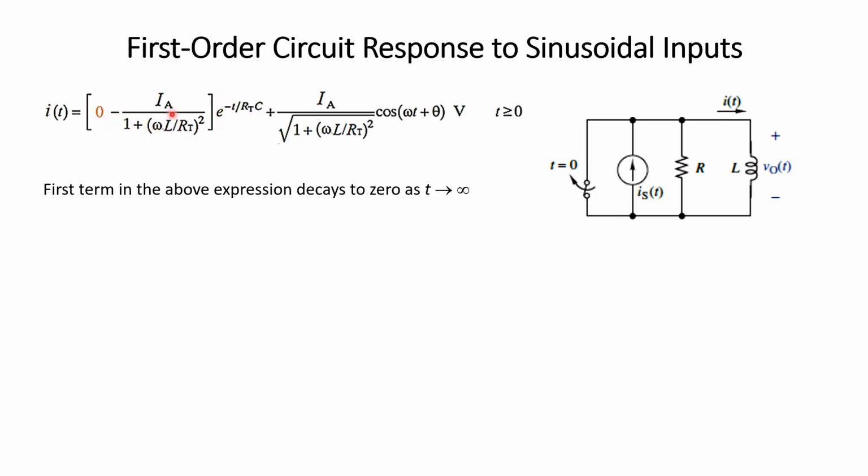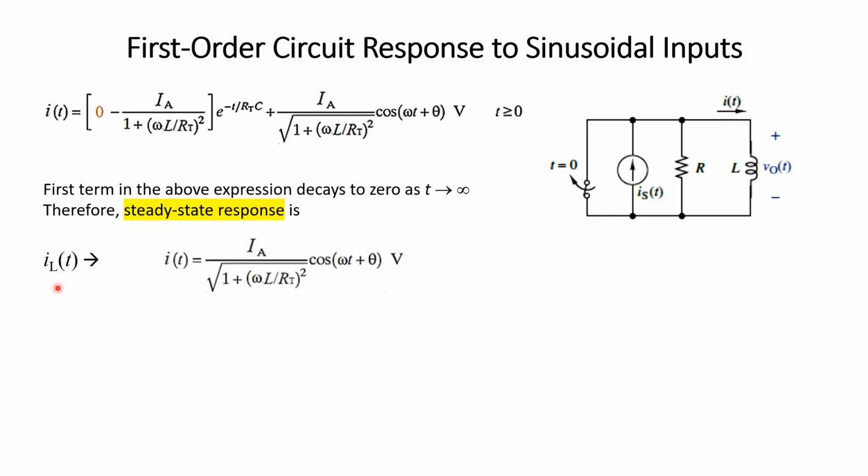So this term will diminish with the passage of time, and the remaining part of IL will be this. We will call it the steady state response. When the transients fade away, this will remain, and this is known as the steady state response. Therefore, IL is only the second term in this solution.